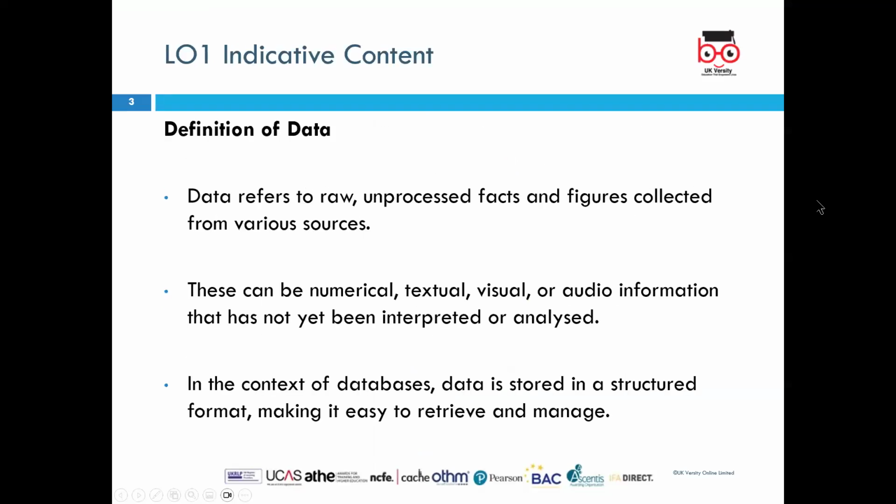So what do we mean by data? We're going to refer to any raw and processed facts and figures collected from various sources. So data could be any sort of information regarding an individual, such as name, date of birth, address, and so on.